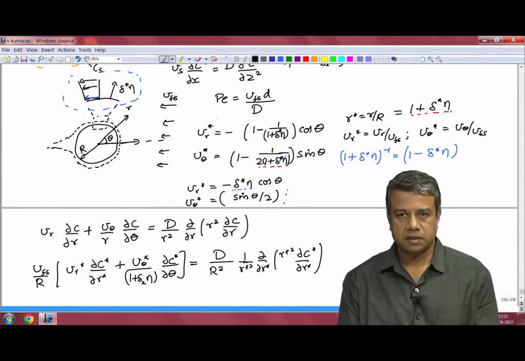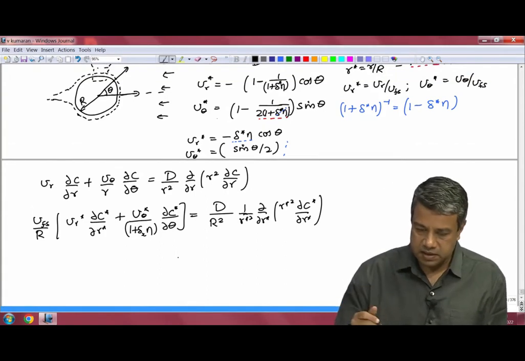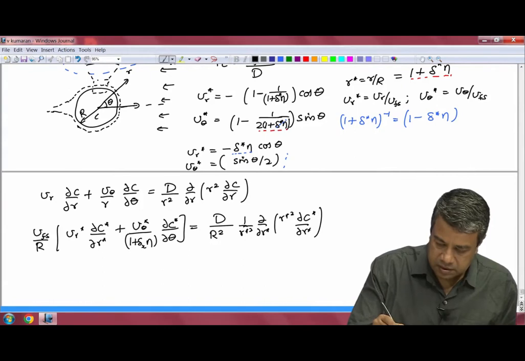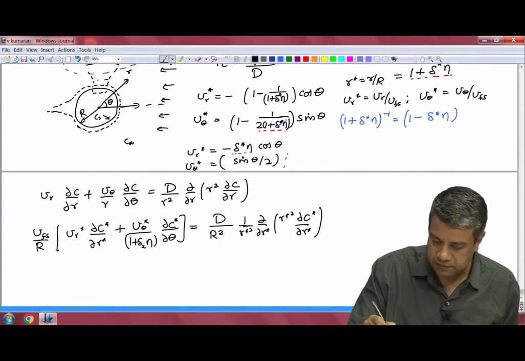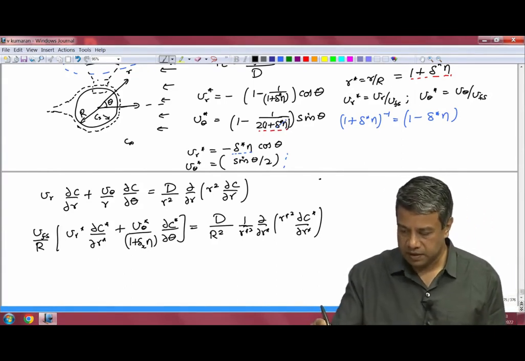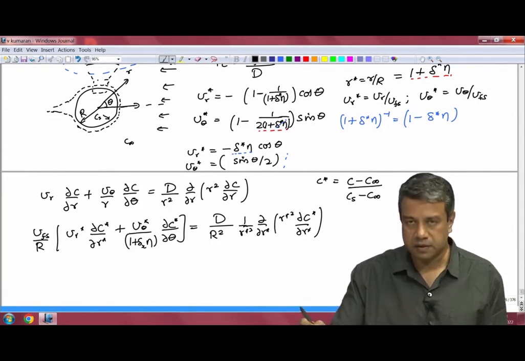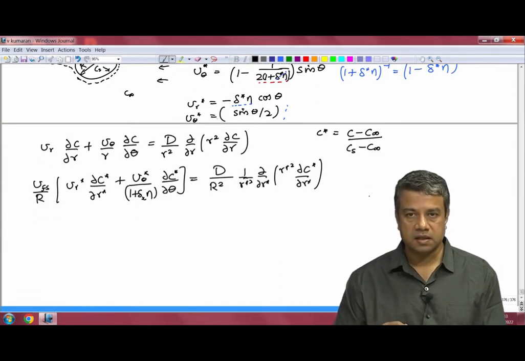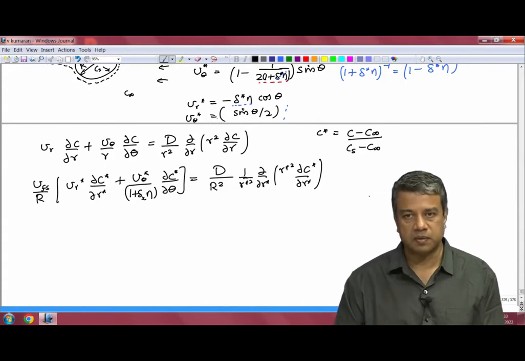Scaling the equations, r by r star and v by the free stream velocity. In this case, I have assumed that the concentration is Cs on the surface and C infinity far away, and I define C star is equal to C minus C infinity by Cs minus C infinity. That is the disturbance to the ambient concentration field due to the presence of this bubble at that location.